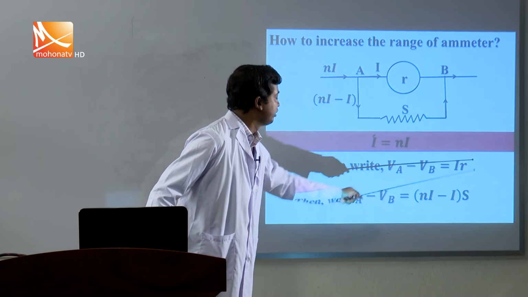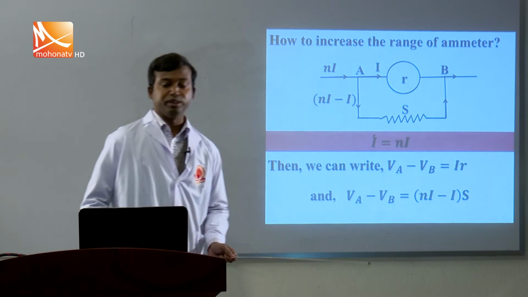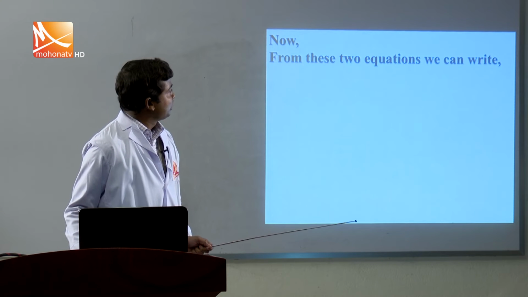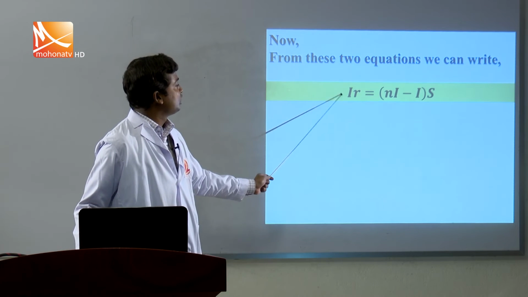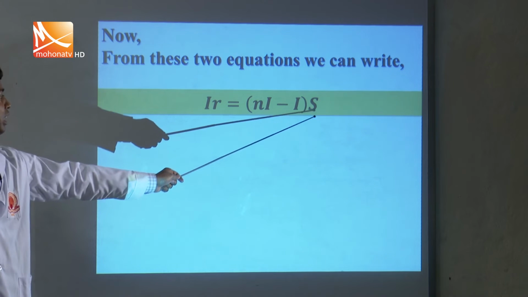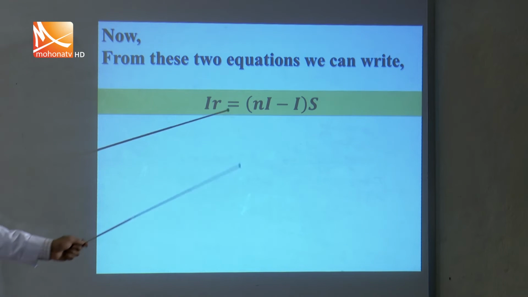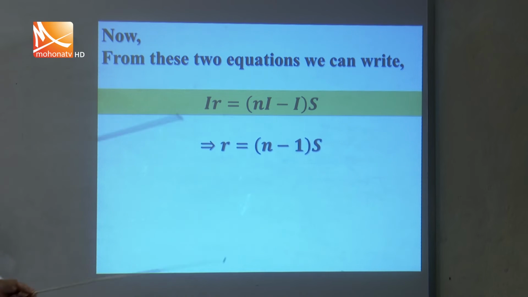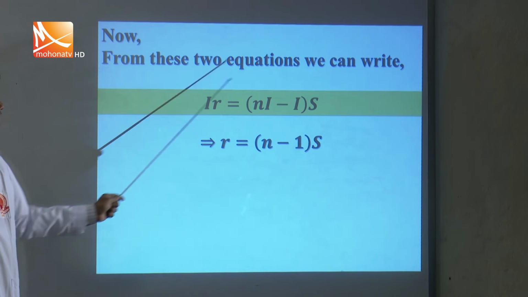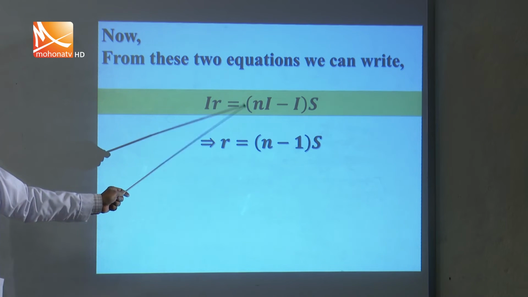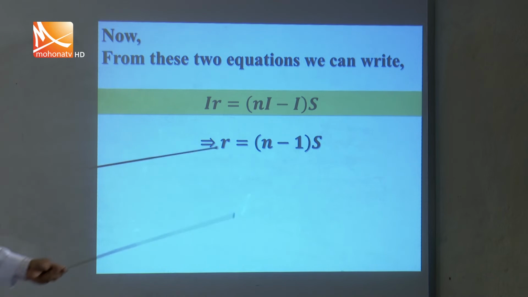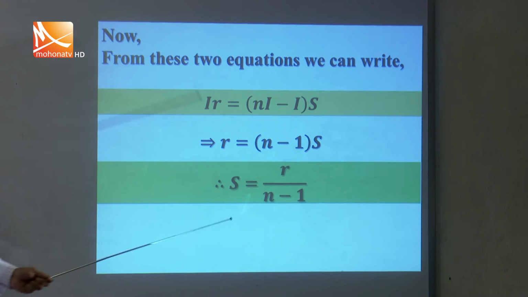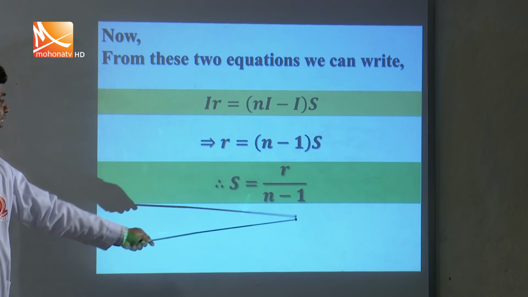That is, IR equals nI minus I into S. From these two equations we have IR equals nI minus I into S. And if you take I common from this equation, then cancel I from both sides, you can write R equals n minus 1 into S. Then you can arrange this as S equals R by n minus 1.